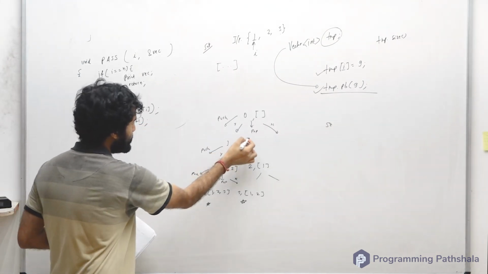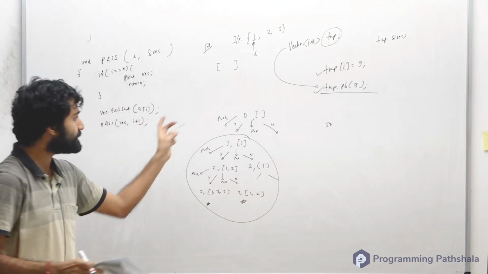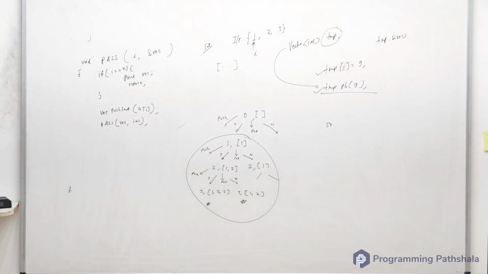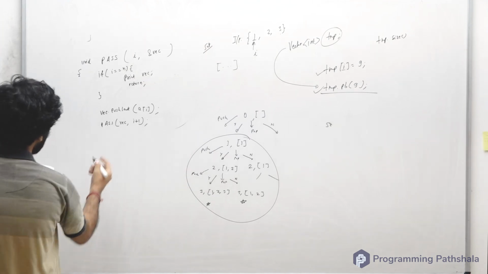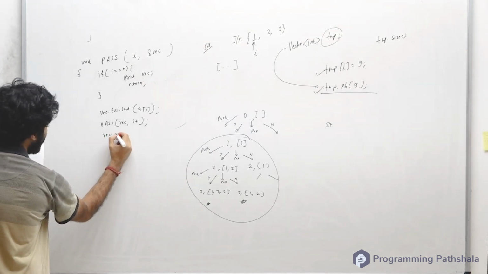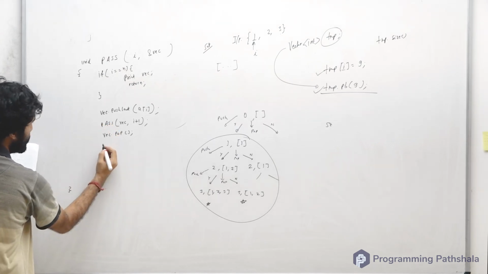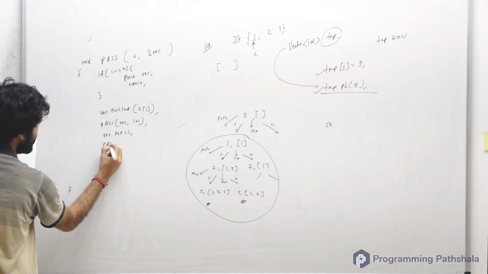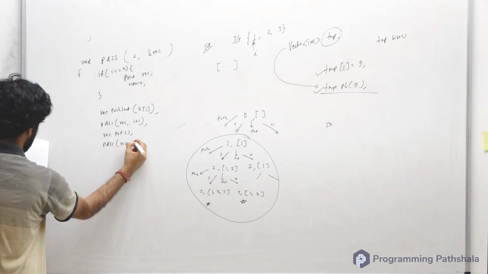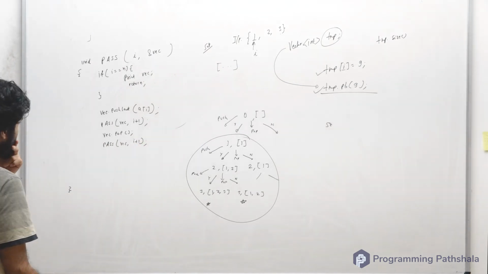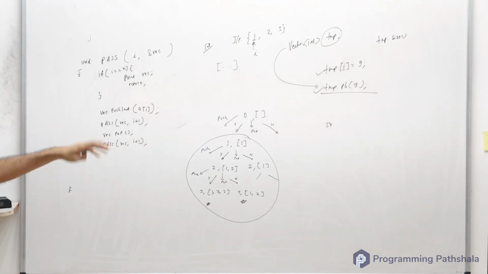Now once this is over, what will be the next thing that you are supposed to do? Before making no call, you are supposed to pop what you had pushed. So how can you pop? You can simply call vector dot pop, right? And after this you can call that no transition. So that's it. This is how you can easily get your job done, and you can simply print out everything.